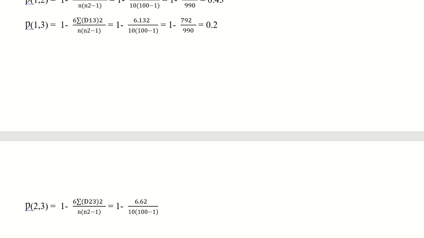Then the third one is here: 6 into 62 is 372. So 1 minus 372 by 990, the answer we get is 0.62. So the correlation between the judgment of judge 2 and 3 is 0.62.